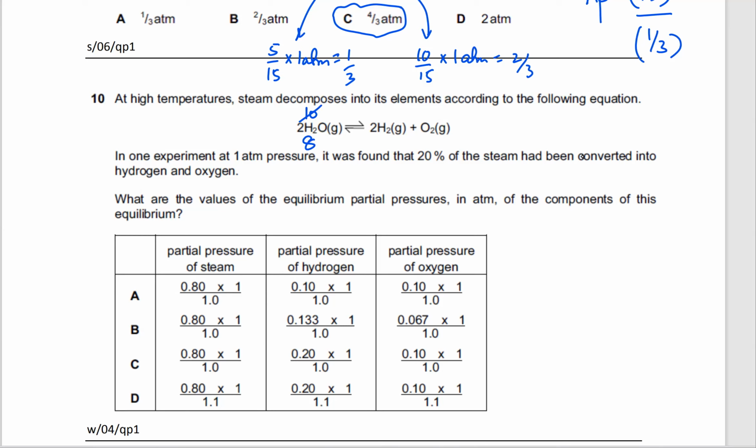What do you get on the other side? Do you mean in the denominator? Yeah, how much H2 and O2 is going to get produced?